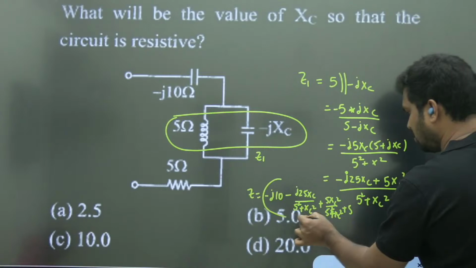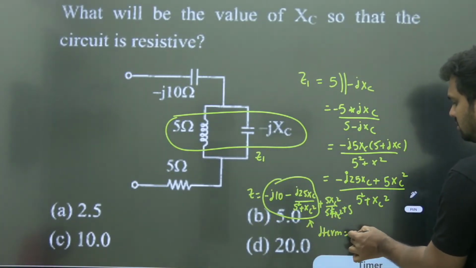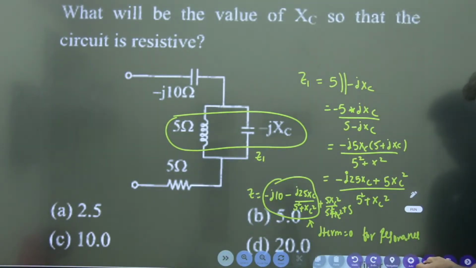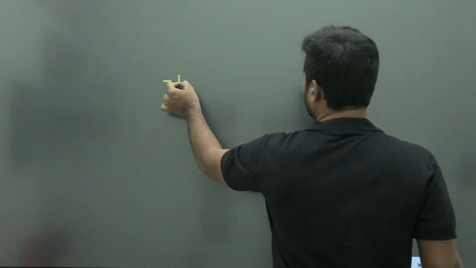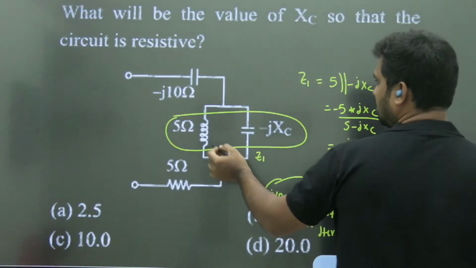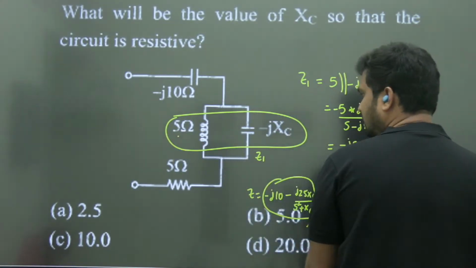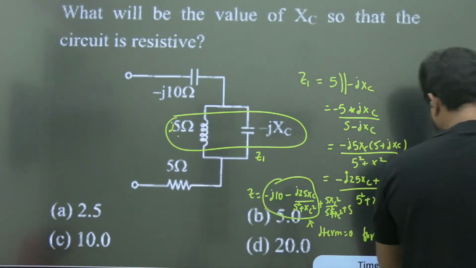The j term must be equal to 0 for resonance. Sorry, it is plus j10, this is the inductor and this is the capacitor, it should be j5, sorry, this is the inductor.